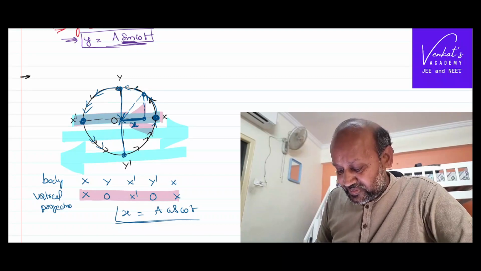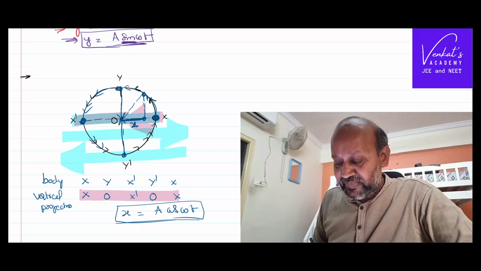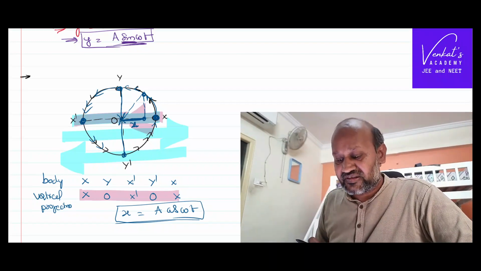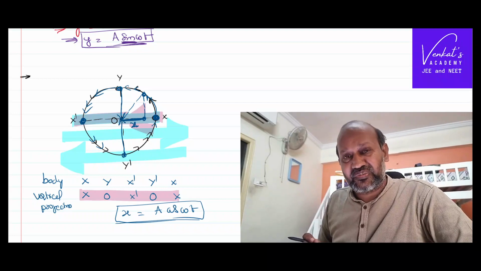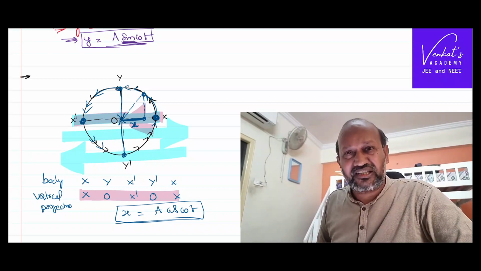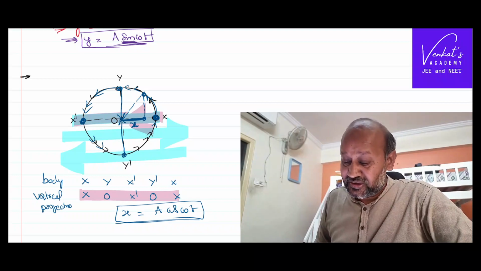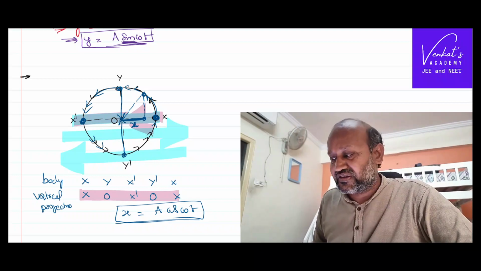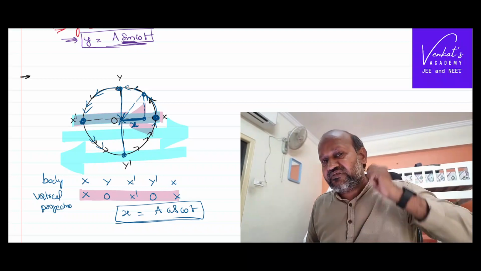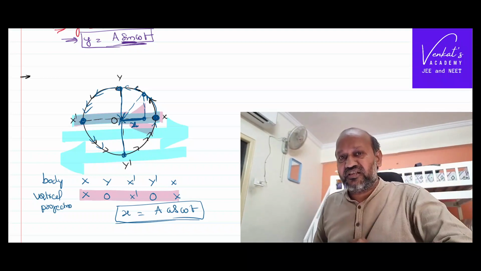So I will get A cos omega t. That's why I mean to say an oscillatory motion can be represented as both a sine function as well as a cos function. So be careful about it. Both are oscillatory motions. Of course, later they will become simple harmonic motions, but not tan functions and cot functions, right? That's how we have to understand. Thank you for watching. Next video, we'll derive an expression for velocity and acceleration.